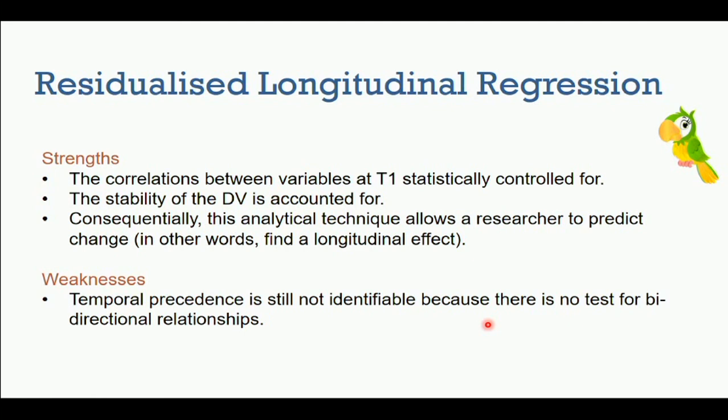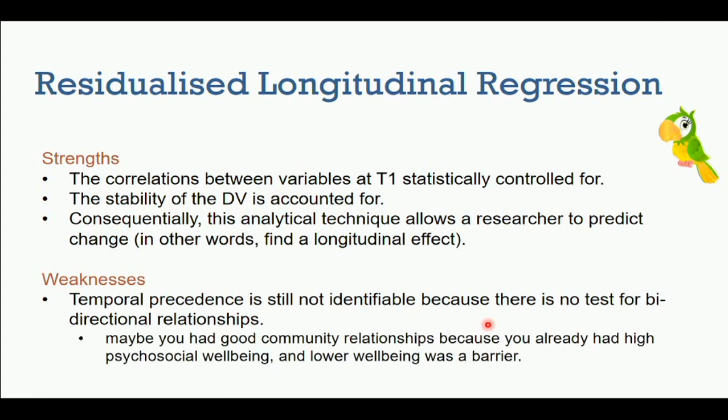So you've got a few possibilities you need to rule out. So maybe you had good community relationships because you already had high psychosocial well-being, and lower well-being, well, that was actually a barrier. So your DV at time 1 actually explains your IV at time 2, or over the course of a year, and then your final DV.